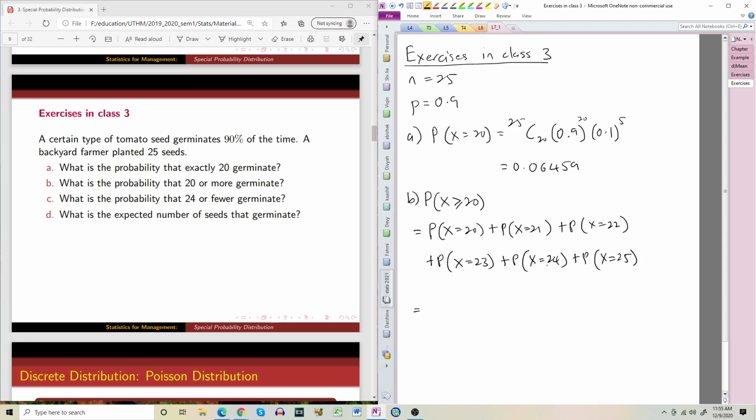If you change all this into the binomial formula and compute, you should get this answer. You can try now.